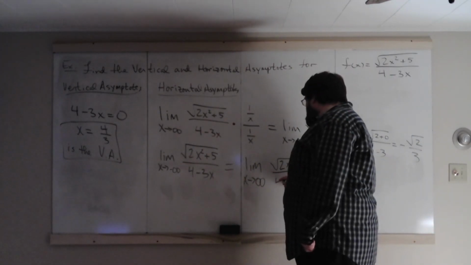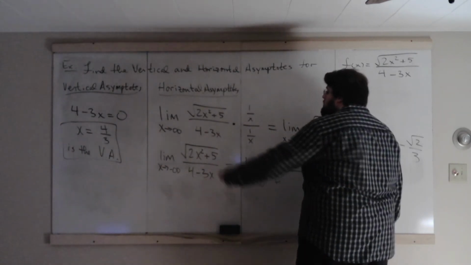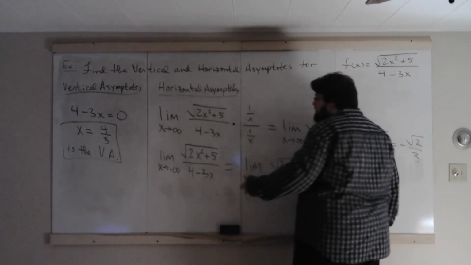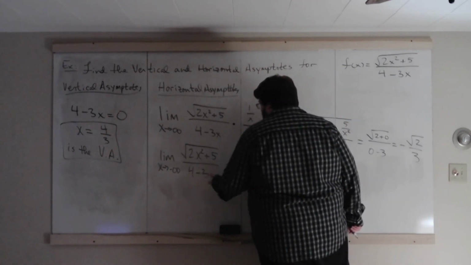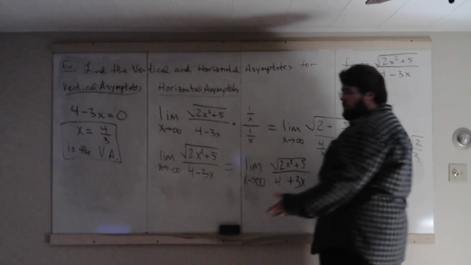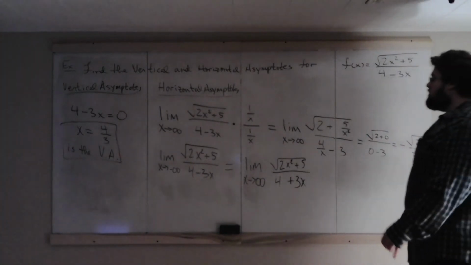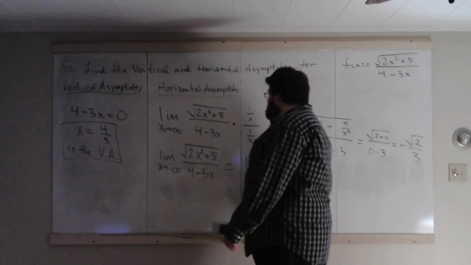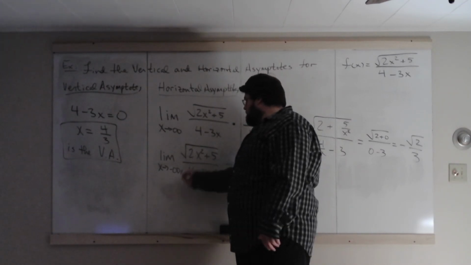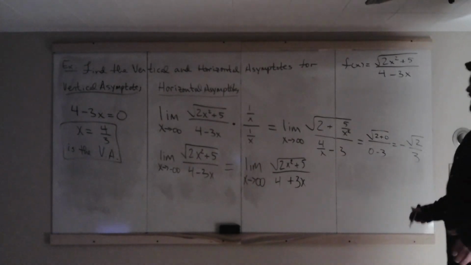In the denominator, 4 stays the same, but negative 3x, if you replace that x with a negative x, you have two negatives, which make a positive. The only real difference is in this denominator. That negative 3x became a positive 3x.